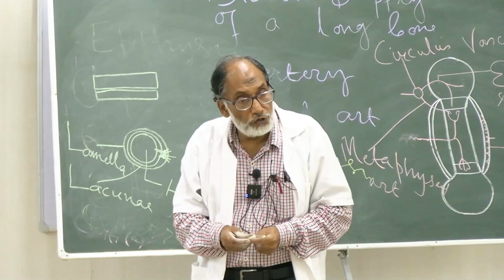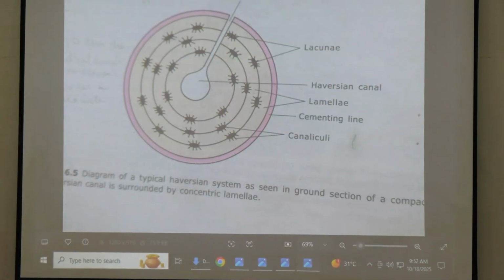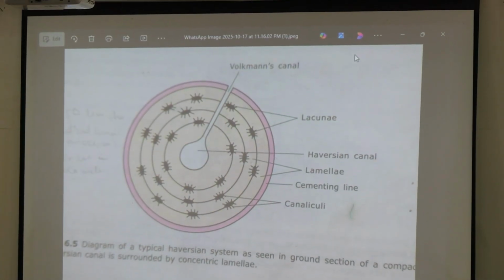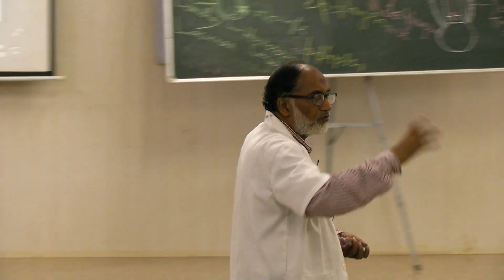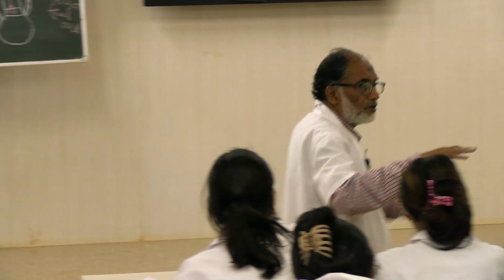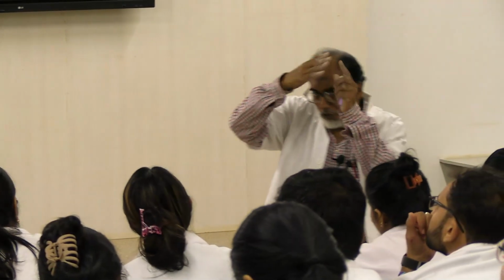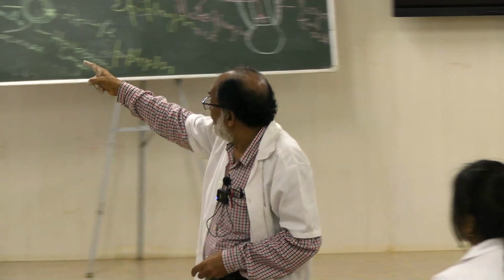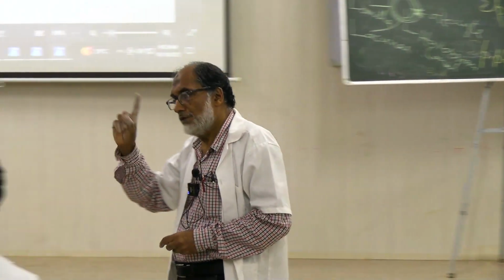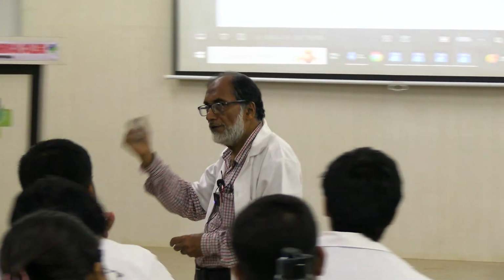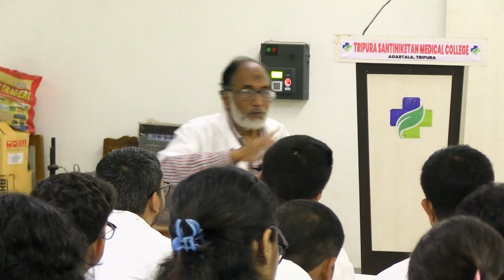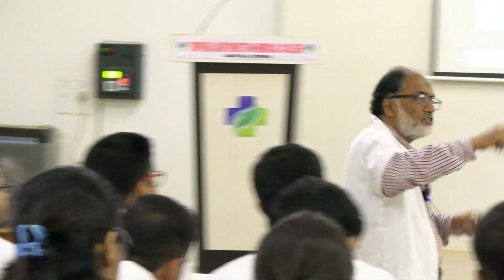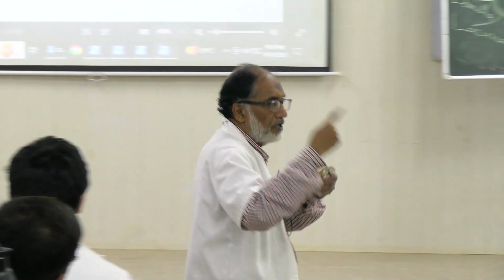Now how will you distinguish the Haversian canal from Volkmann's canal? Number one, Volkmann's canal is horizontally or obliquely situated, and the Haversian canal is surrounded by lamella, the layers of bone, but Volkmann's canal is not surrounded by any lamella.